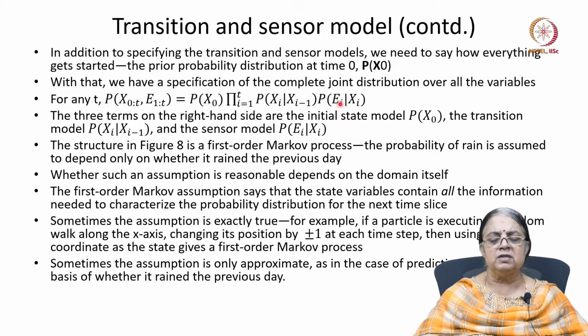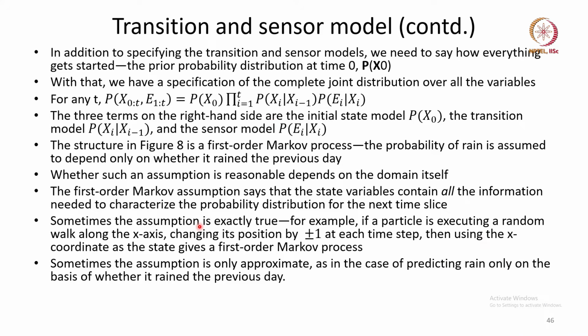Okay, so one is the sensor model probability and the other is the state model, the transition model probability. So these are the things that we need to know. So the three terms on the right hand side are P of X_0, P of X_i given X_{i-1} and P of E_i given X_i. Okay. So this is the first order Markov process that we are looking at here.